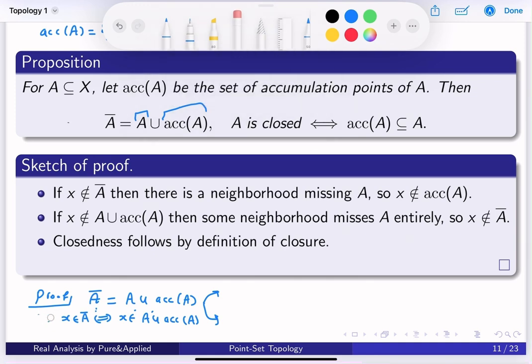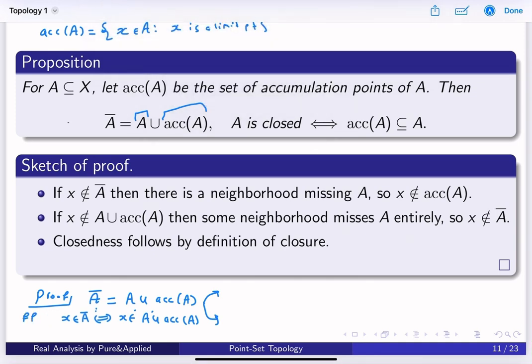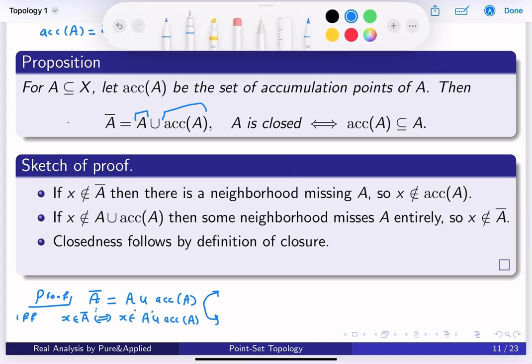Let me just use a different notation here. This is the same as showing X is not in A bar if and only if X is not in A union the accumulation set of A. So in other words, I'm going to show this by showing this, because these are the same thing, right?